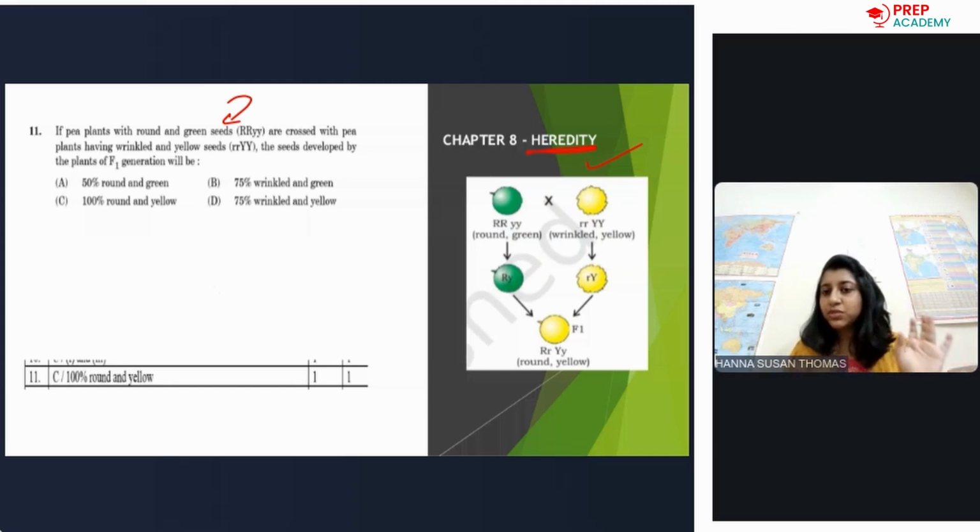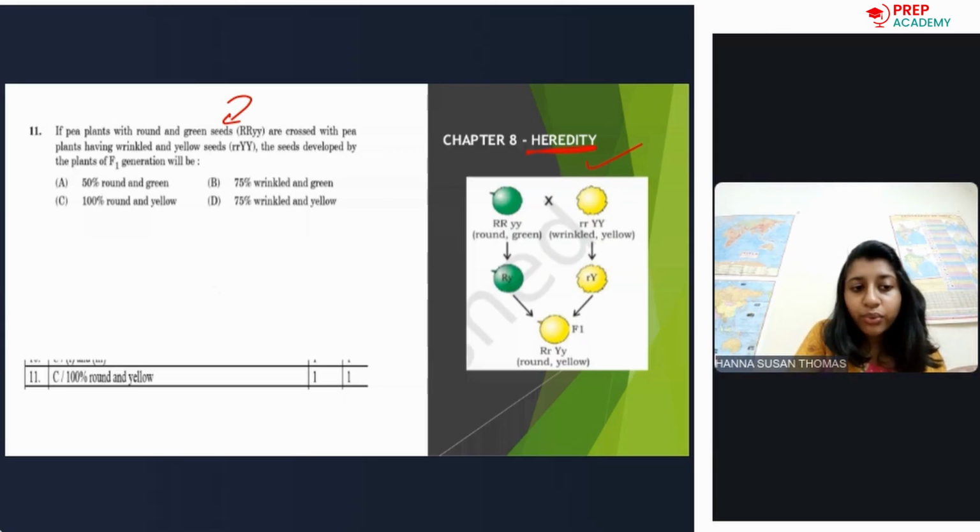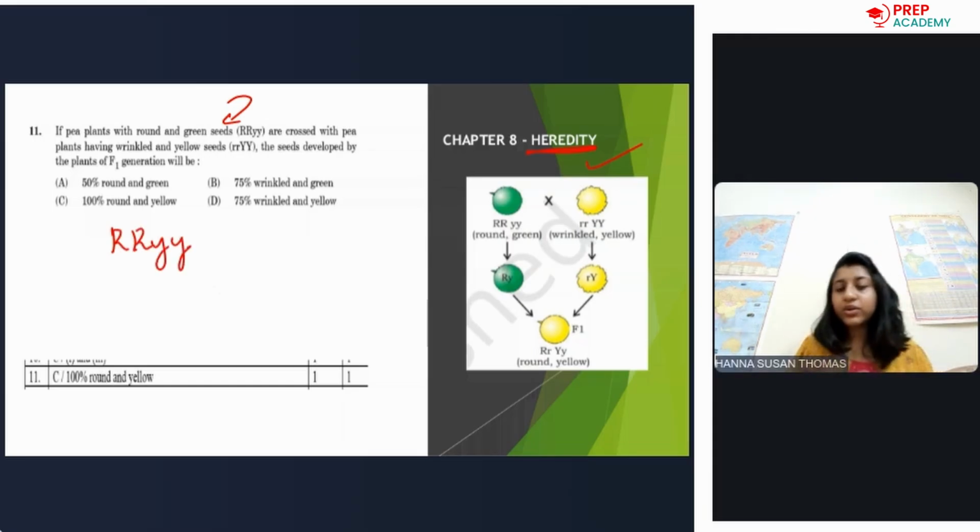So let's go through this question. If pea plants with round and green seeds are crossed with pea plants having wrinkled and yellow seeds, the seeds developed by the plants of the F1 generation will be... Okay, so a pea plant having round and green seeds.